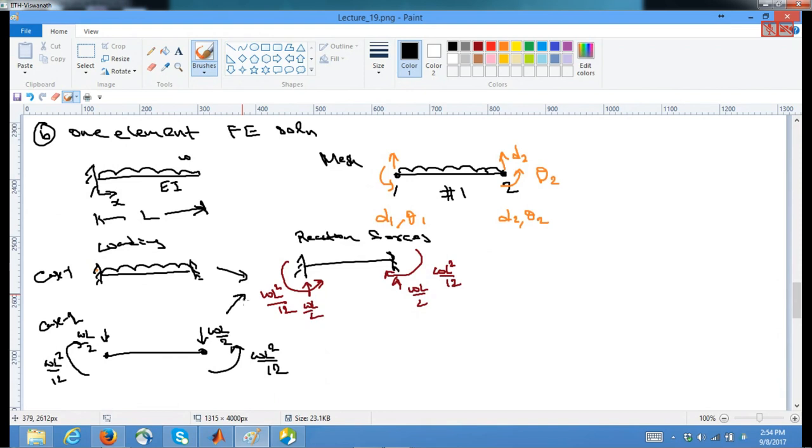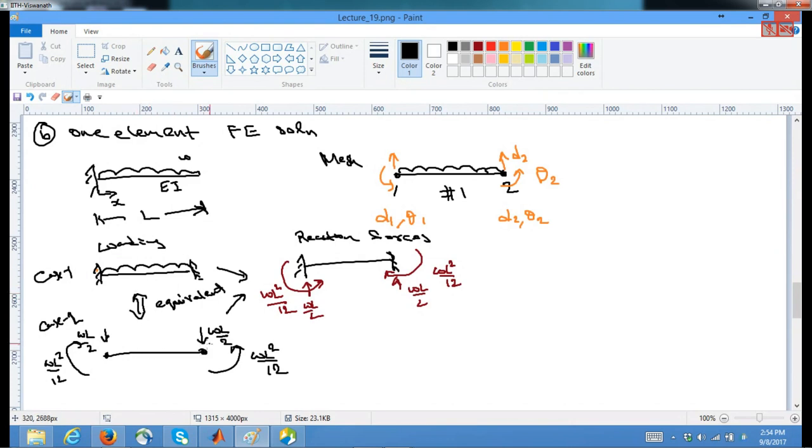These two will still have the same reaction forces. Because of that, these two are called equivalent. They are statically equivalent because their reaction forces are the same. So whenever I see this kind of loading, I substitute this set of loading conditions.